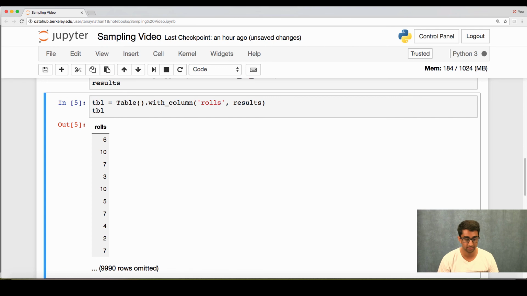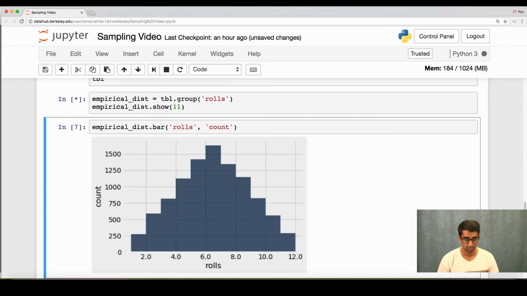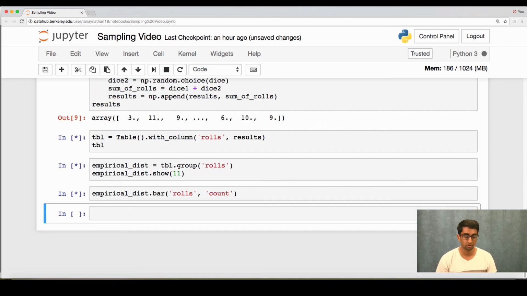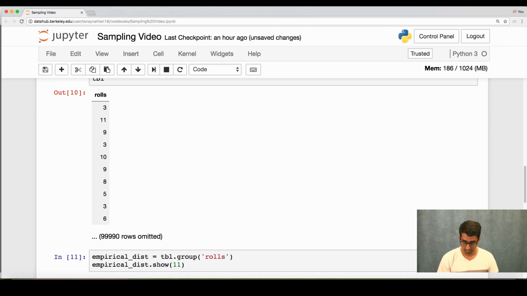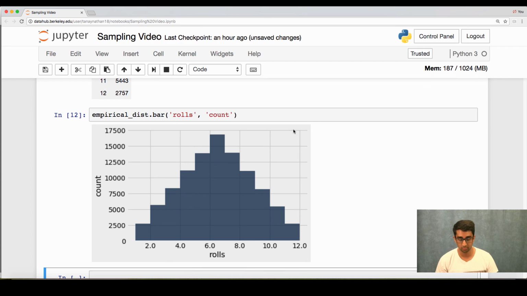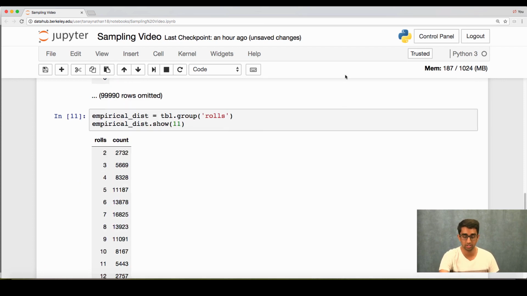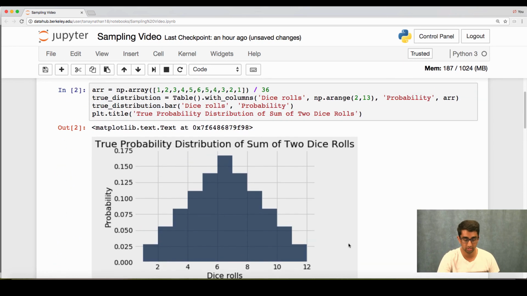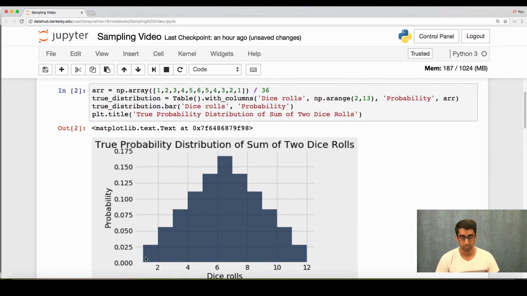So if you run basically everything again and wait for this all to complete, then scroll down to the bottom, we can see this very closely mimics the structure of our original probability distribution of the sum of 2 dice rolls.